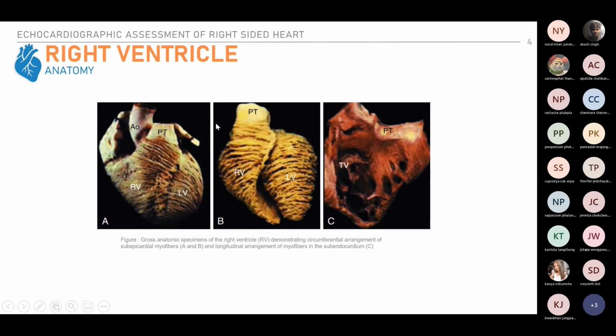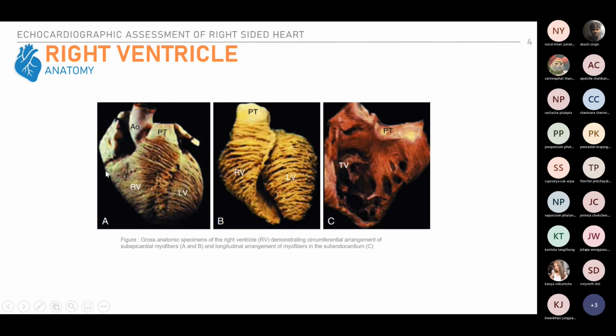Before assessment of the right ventricle, you have to know about RV morphology. RV morphology is very complex, even in a normal subject or normal study.